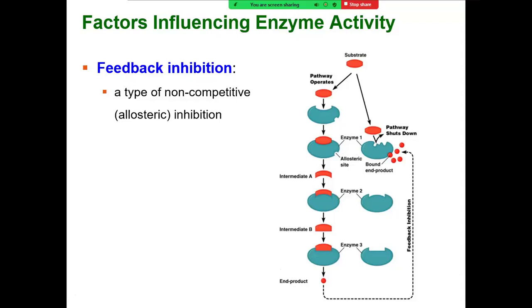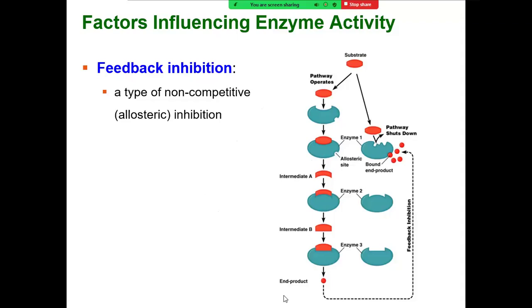If the cell were to shut down enzyme 2, for example, then the cell will be making intermediate A. And that will waste the cell energy because the cell isn't going to do anything with intermediate A, at least at the moment. And that's why feedback inhibition is almost always seen this way, where an end product itself binds to the first enzyme to be more energy efficient. Because if it bound to the second enzyme, it would not be as energy efficient.